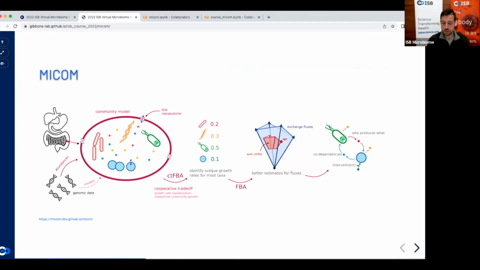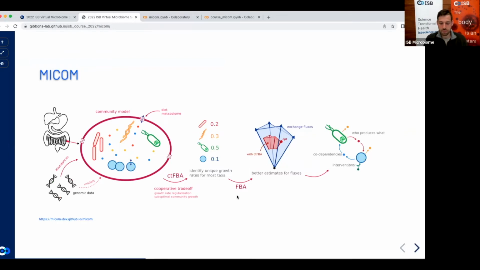So to first build these models, we need to pass in the relative abundance of the bacteria in our sample. Due to differences in sequencing efficiency, there may be some bias towards some bacteria over others, but the abundance from our sequencing data should be more or less representative of the community that's being modeled.